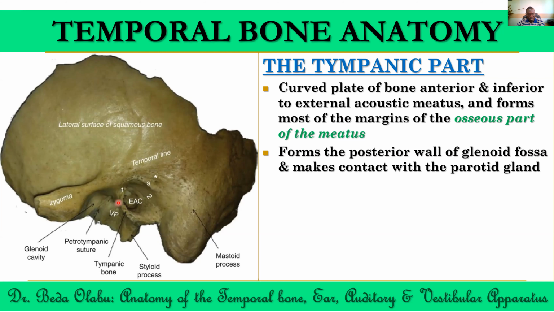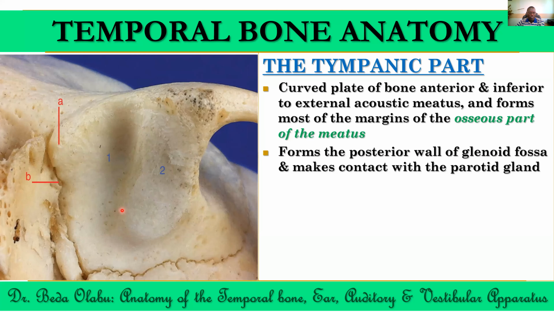It also forms the posterior wall of the glenoid fossa, as you can see, together with the post-glenoid tubercle. So it also constitutes part of the posterior wall of the glenoid cavity. The parotid gland sometimes also rests on that particular bone, which forms part of the bones in the base of the parotid gland.